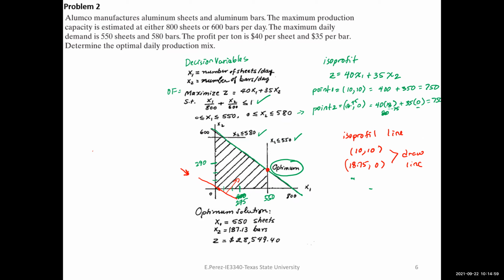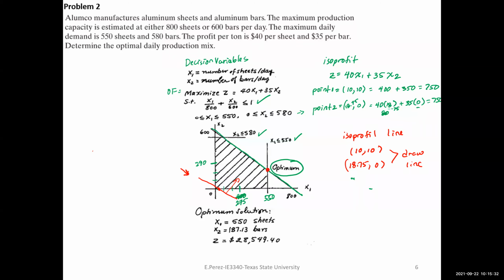But we don't have information about how much each sheet weighs, so based on that information, we cannot do a weighted combination for estimating the profit. But I see your point. So the profit per sheet will be $40 and per bar will be $35.